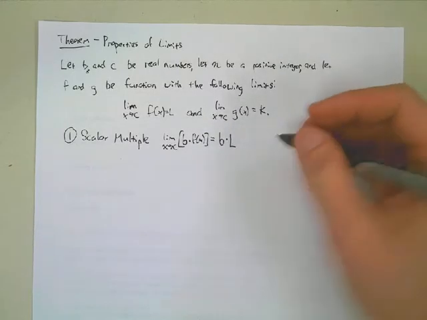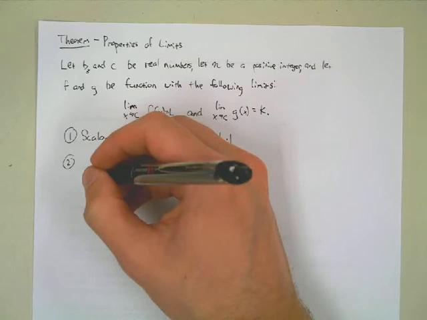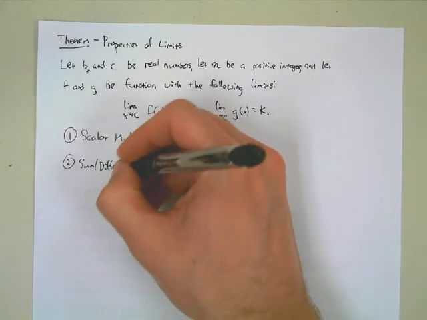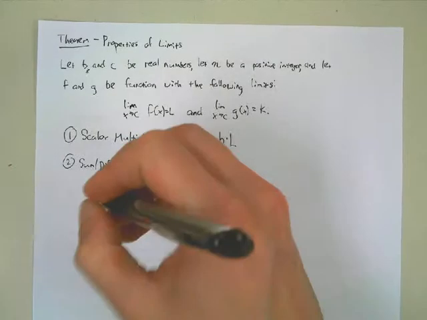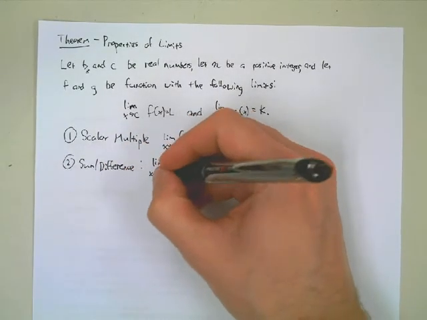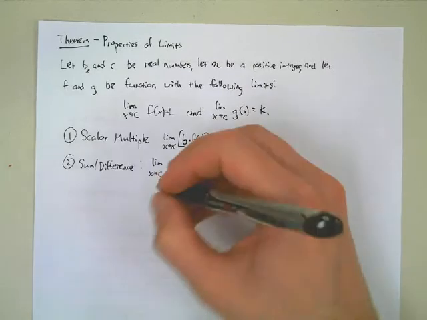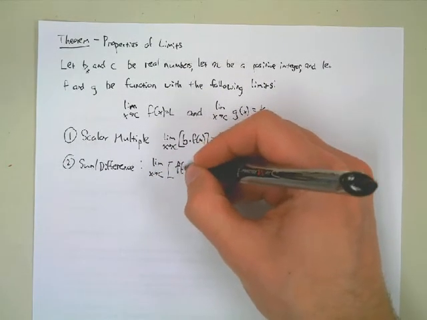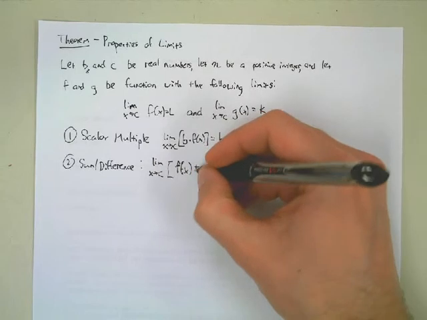Okay. Additionally, we have a sum and difference property. So for example, the limit as x approaches c of f of x plus or minus g of x.